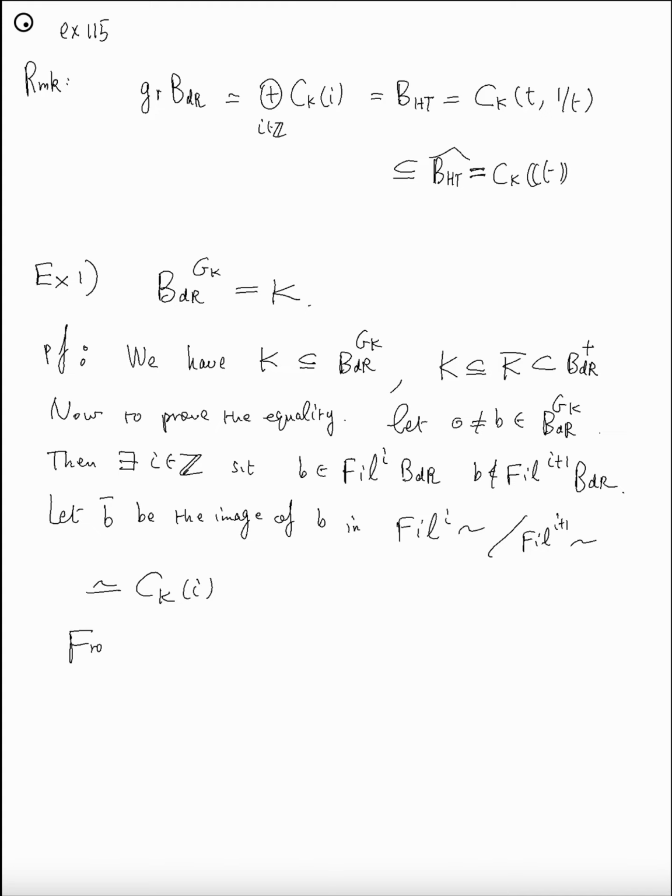And then from Tate's theorem, which we have mentioned several times, the fixed point of C_K(i) by G_K is either K or 0, depending on whether i equals 0 or not.